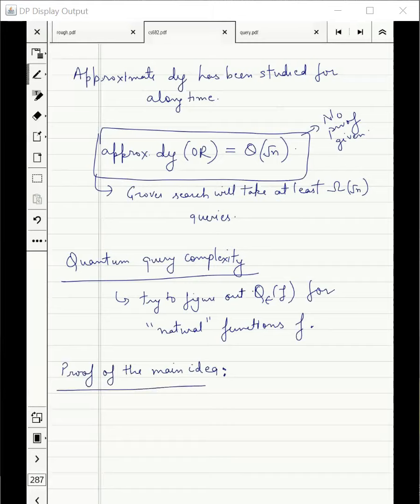If I give you the proof of the main idea, then it will be clear that approximate degree is a lower bound on quantum query complexity. Knowing the approximate degree of the function, we can tell that quantum query complexity will be high. That is the goal now. How to figure out approximate degree, how to prove the main idea for this polynomial method. What was the main idea? Can someone tell me?